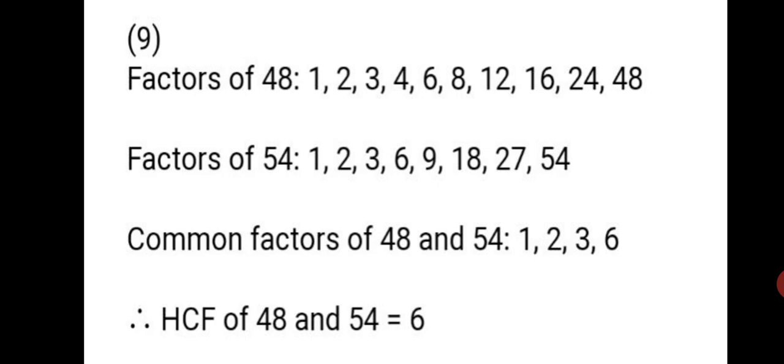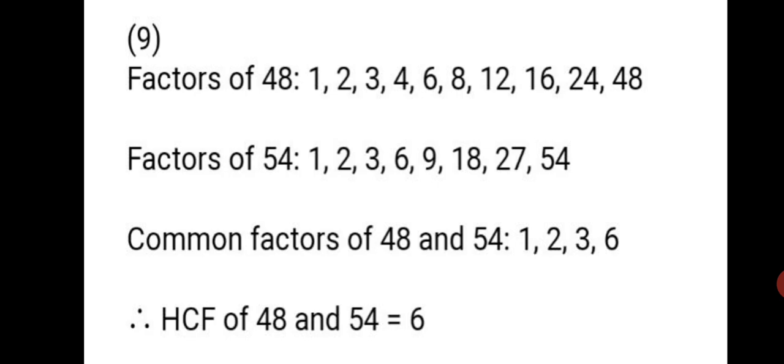You can divide 54 by 2, then 3 and find out what quotient you get. That will be multiplied with the divisor to get the product as 54. So 1 into 54 is 54, 2 into 27, 54, 3 into 18 is 54 and 6 into 9 is 54.